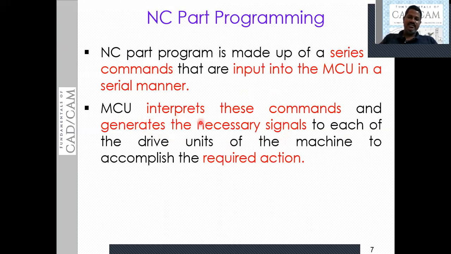According to that signal, the machine acts. The actual work takes place on the machine tool according to the instructions received by the MCU. That means the MCU function is to interpret the commands in the part program and to generate the signal to perform the actual work by the NC machine tool.